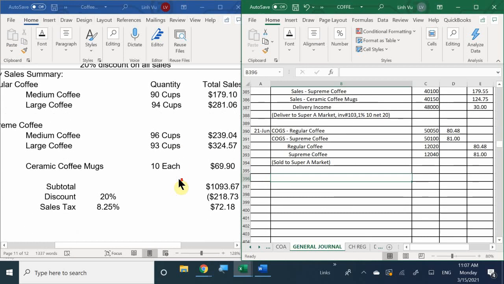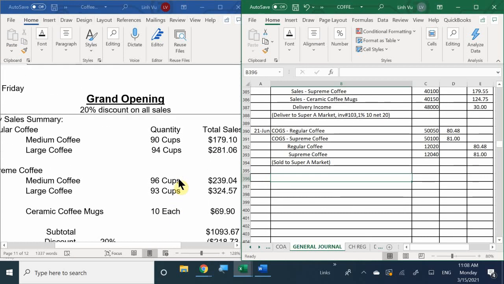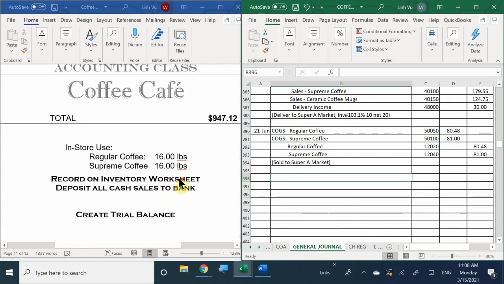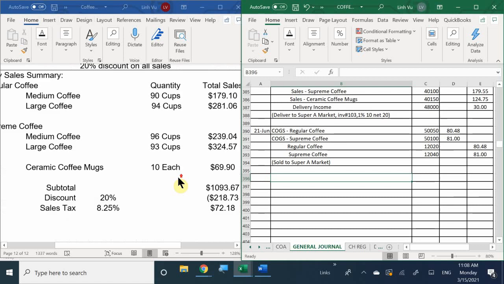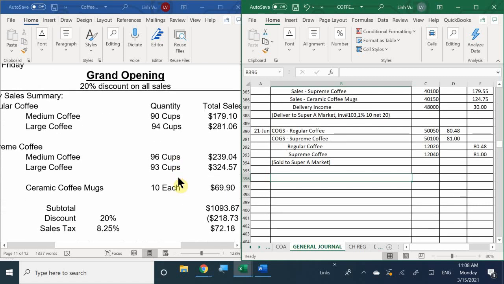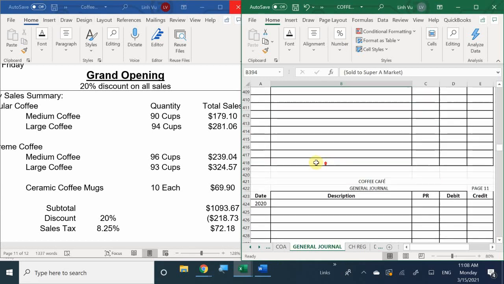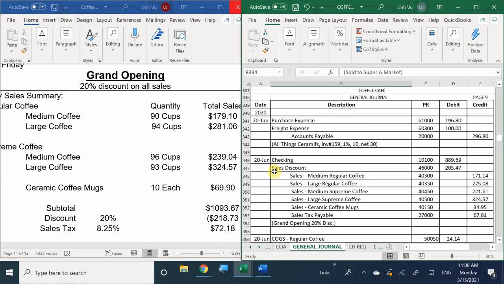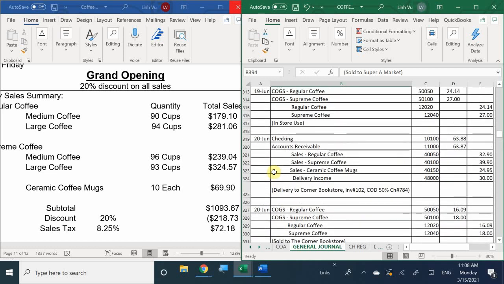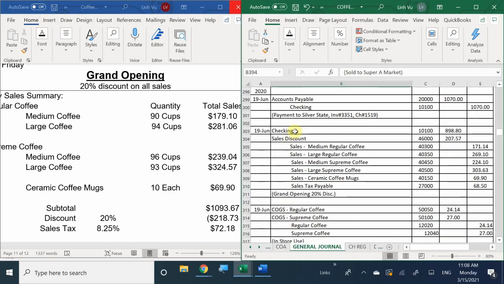Good. So last but not least, we finally have our store sales. And yep, that's the last thing we have to do. So let's go ahead and do this right here. So we should definitely have enough space in our journal to be able to do that whole entire thing. So I'm just going to copy it from above.